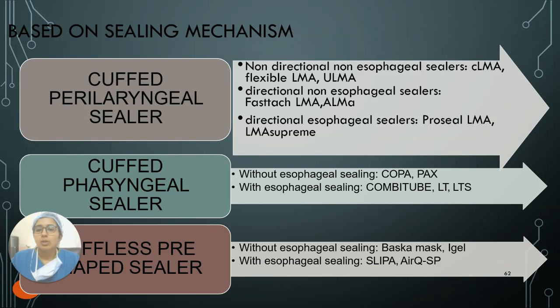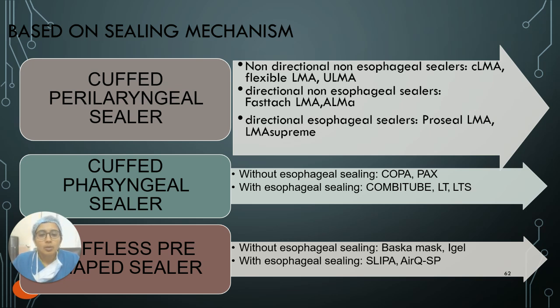Based on the sealing mechanism, it is divided as cuffed perilaryngeal sealers, cuffed pharyngeal sealers, and cuffless pre-shaped sealers. In cuffed perilaryngeal sealers, we again have non-directional, non-esophageal sealers, that is the classic LMA, flexible LMA. Then the directional non-esophageal sealers, fast-track LMAs. Then the directional esophageal sealers, which are the ProSeal LMA or LMA Supreme.